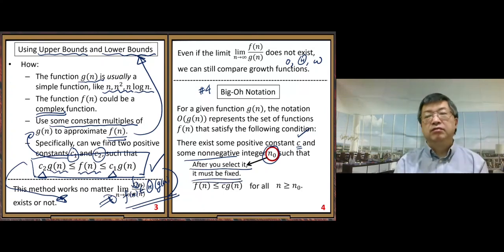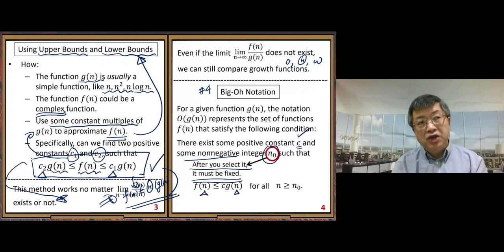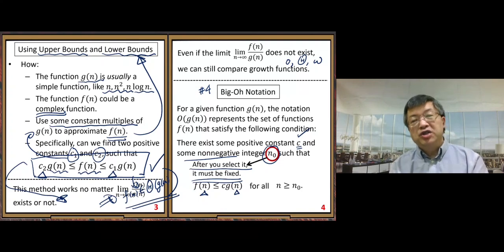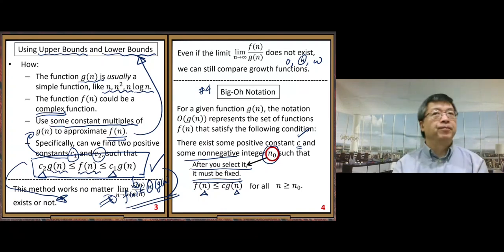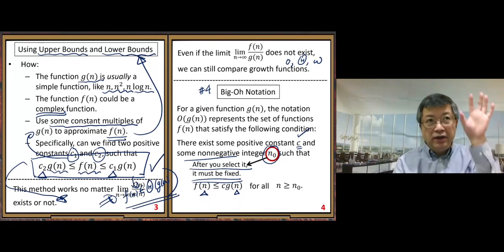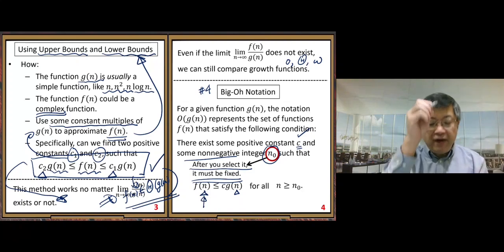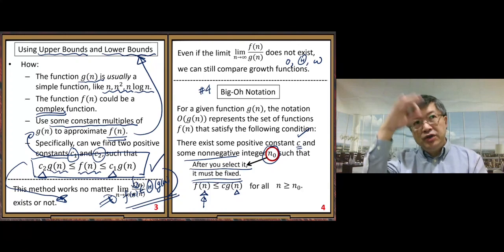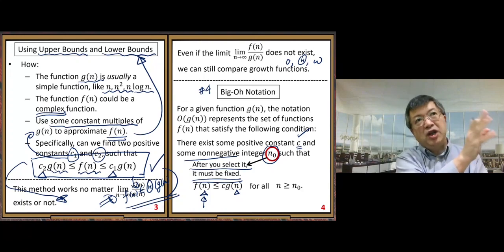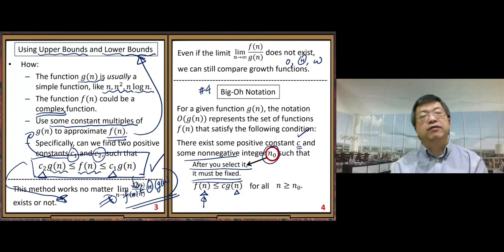When n changes, you are not allowed to change it. Fixed means it does not rely on the value of variable n. When n changes, we use the same n0 constant.